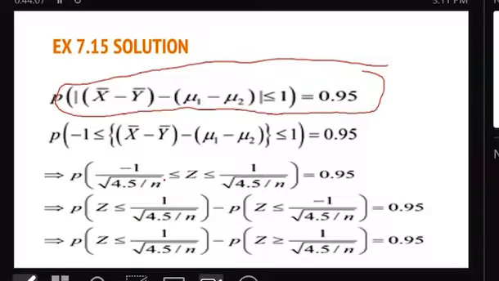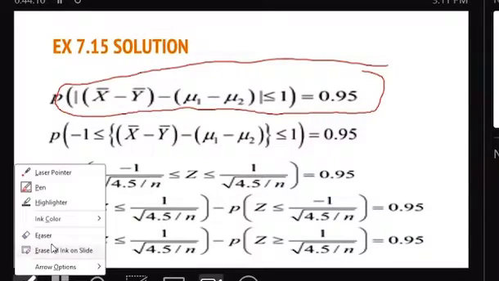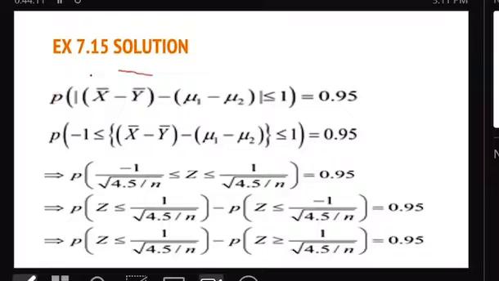Because if this is a random variable, then this is the mean. That is the mean. So the probability of the absolute value being less than or equal to 1 is equal to 0.95. That is the mathematical interpretation.